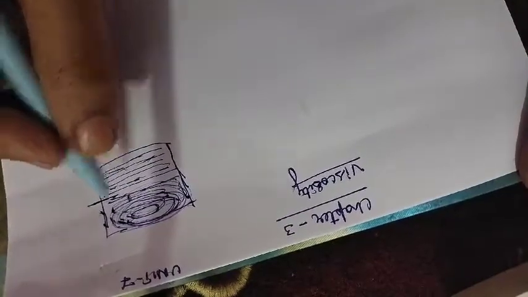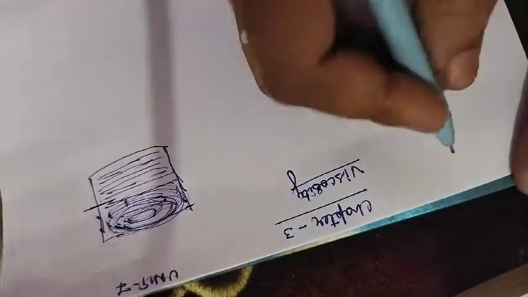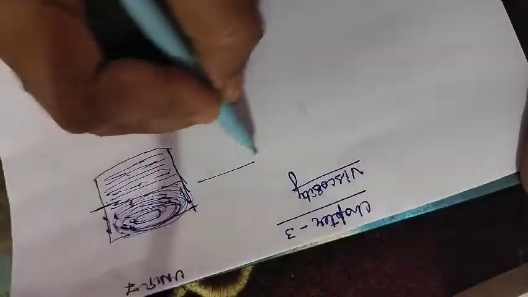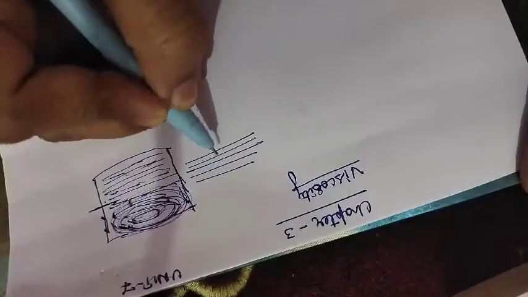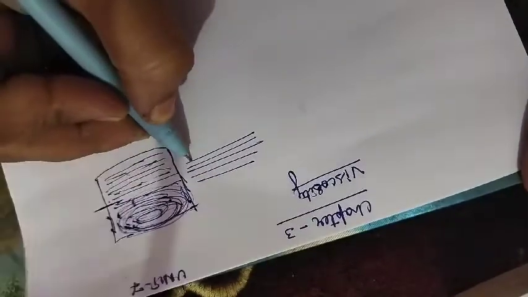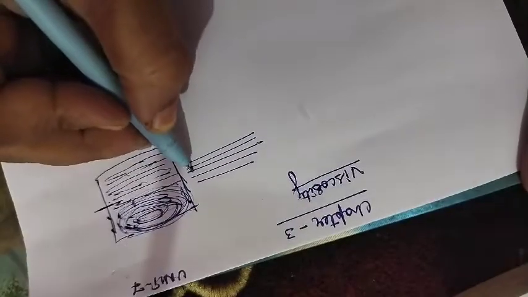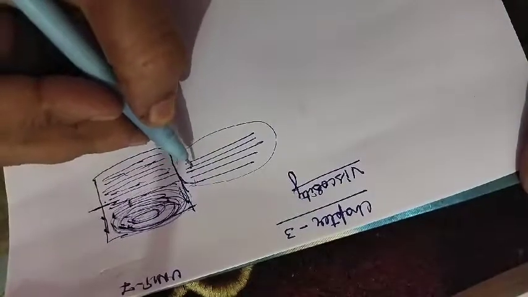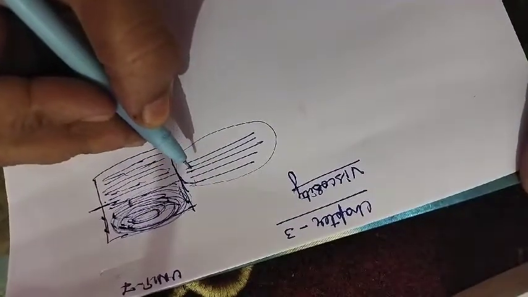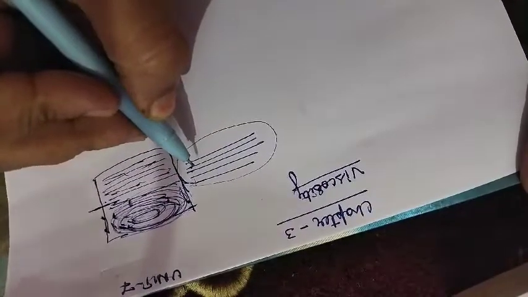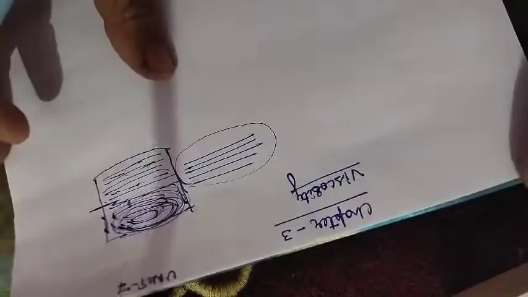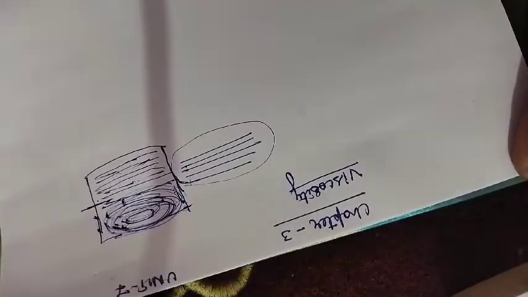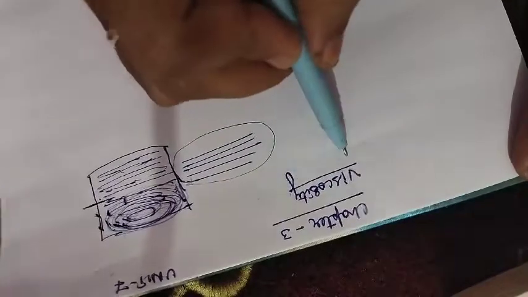One layer opposes the motion of the next layer, and each layer opposes the motion of the other layer. So an opposing force which comes into play between the layers of the liquid is called viscosity.